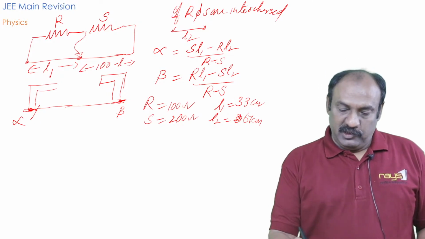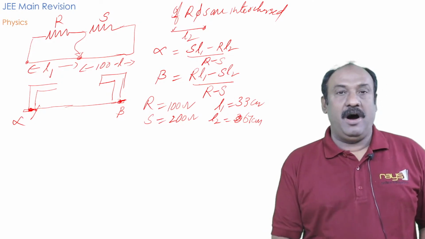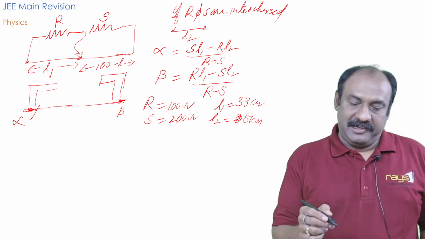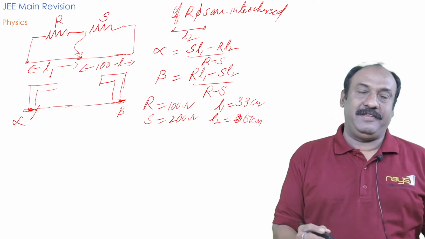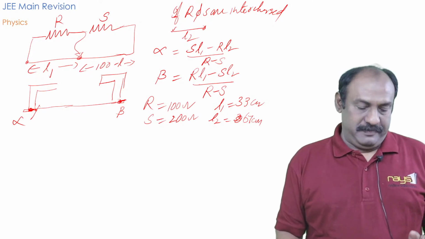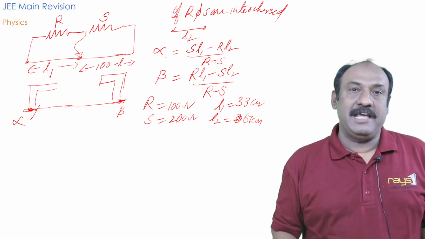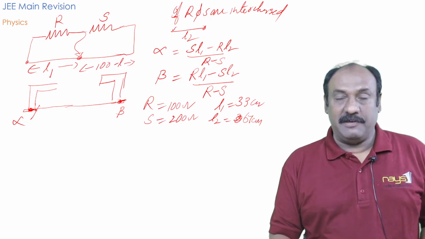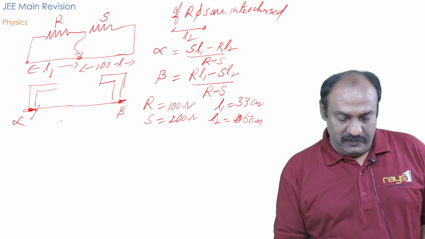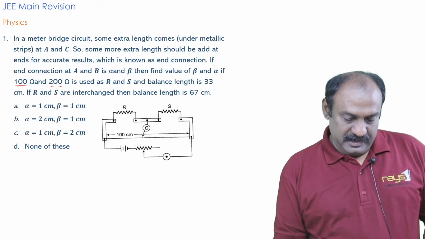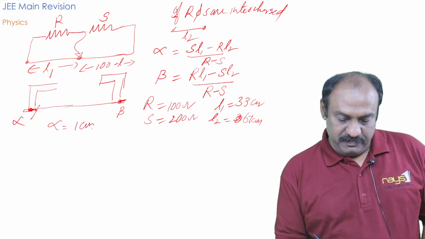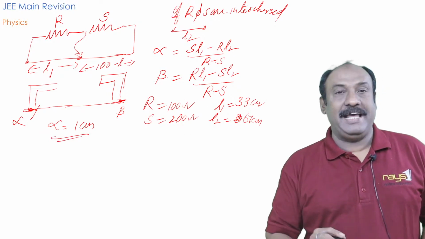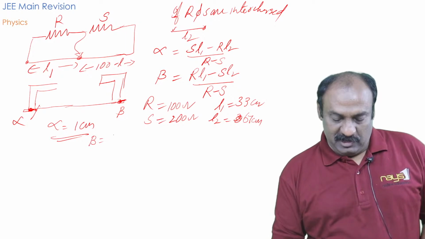By substituting all these values of R, S, L1 and L2, we get the end correction alpha on the left side of the meter bridge as alpha equal to S L1 minus R L2 by R minus S. By substituting these values, we get alpha as 1 centimeter. This is the answer. In a similar way, you substitute all these values in the beta equation, and you get beta also as 1 centimeter.